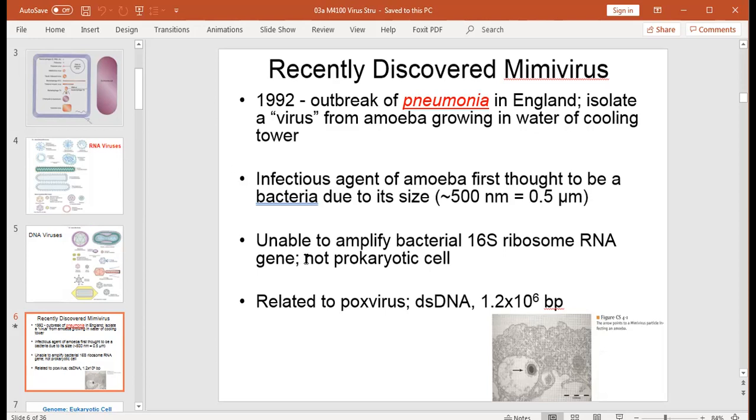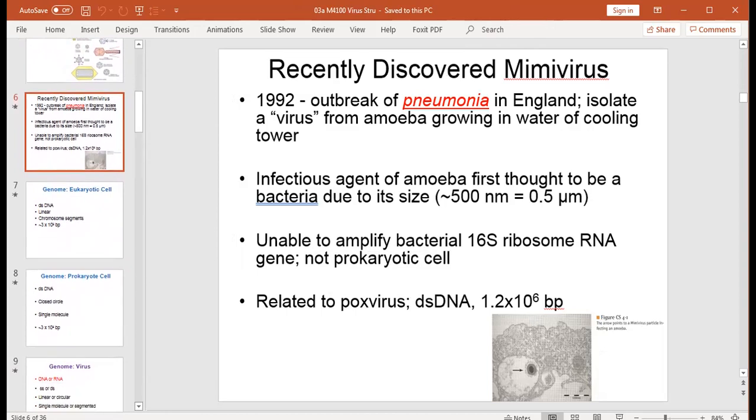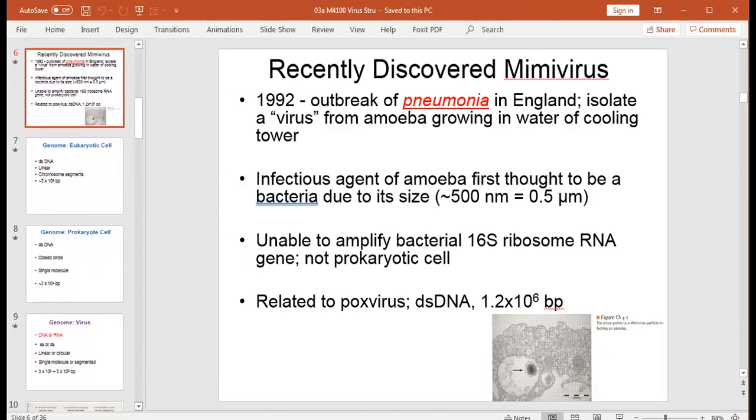And since they were unable to find and amplify the 16S ribosomal RNA gene, they concluded that the causative agent of pneumonia is not a prokaryotic cell. Future studies revealed that this Mimi virus is related to pox virus. It has a double-stranded DNA genome, and it's about 1.2 times 10 to the power 6 bases long.